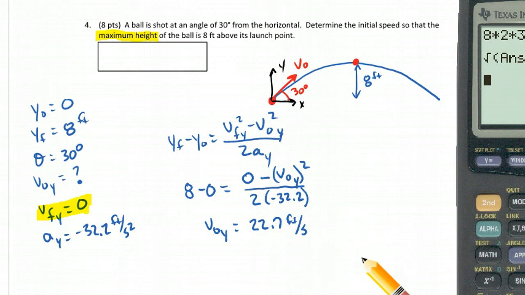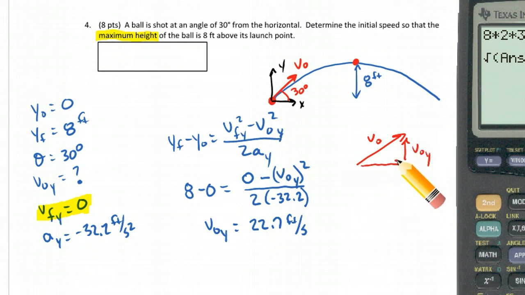That's a real common mistake, to use that as your final answer, but that's only one component of our velocity. So if we draw our velocity vector there, that's our y velocity, and we don't really care what the x velocity is, but we do know they're related by an angle of 30 degrees.